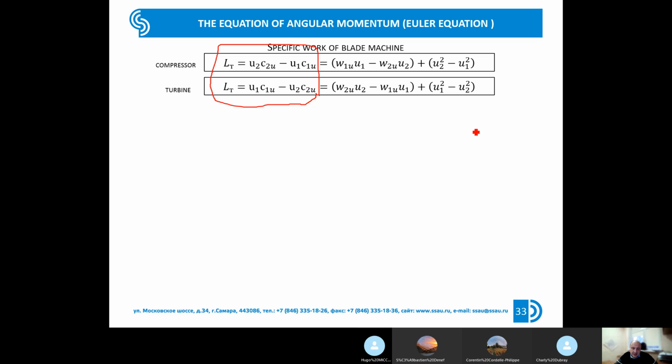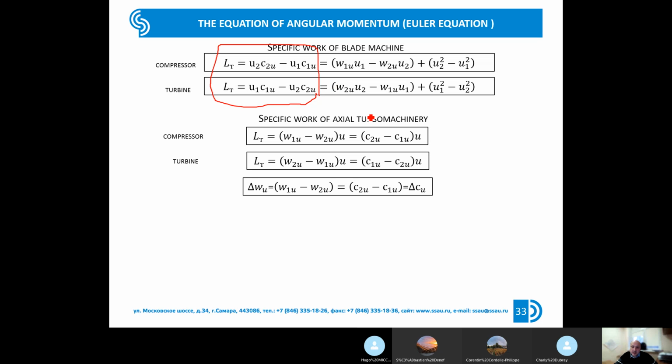And the last idea here: specifically, we will write the Euler equation for axial turbomachinery. Finally, we can write that the specific work is equal to circumferential velocity multiplied by delta WU, and it is equal to U multiplied by delta CU.